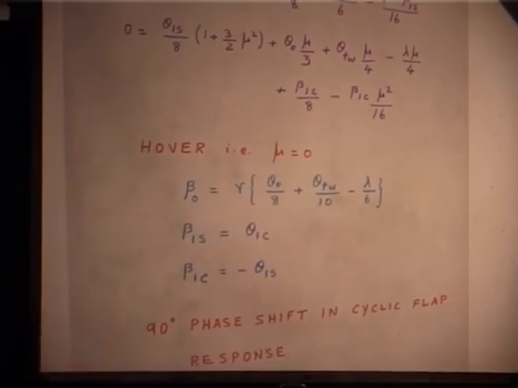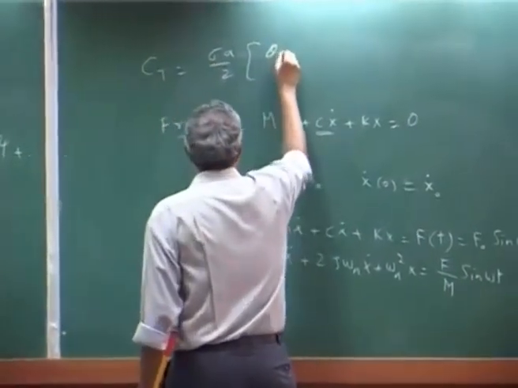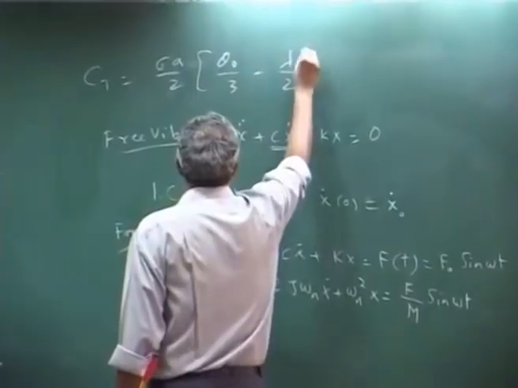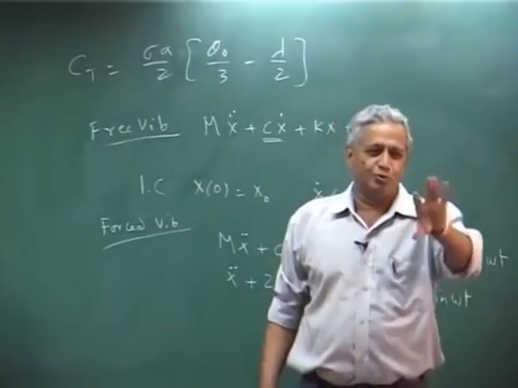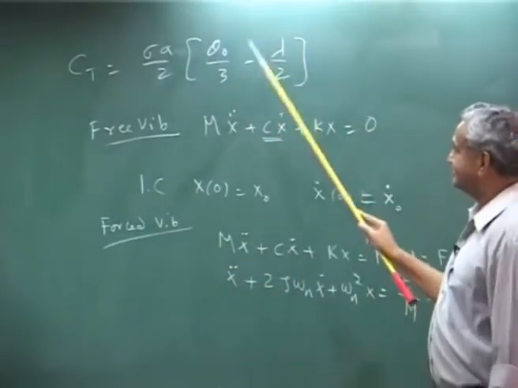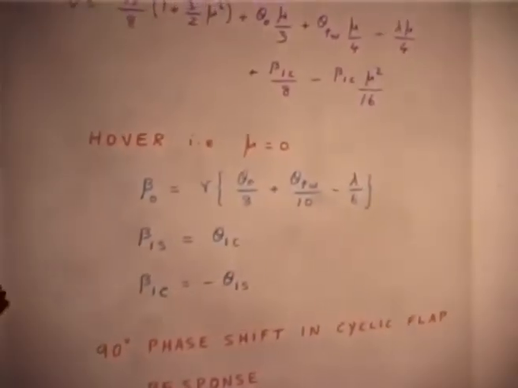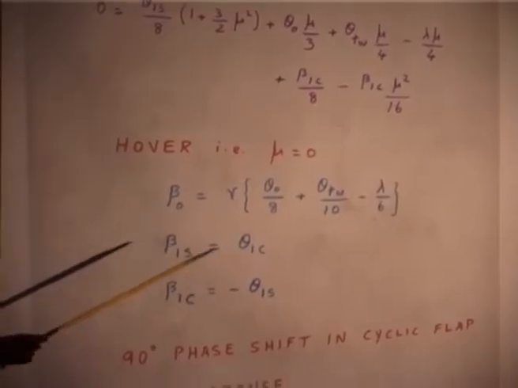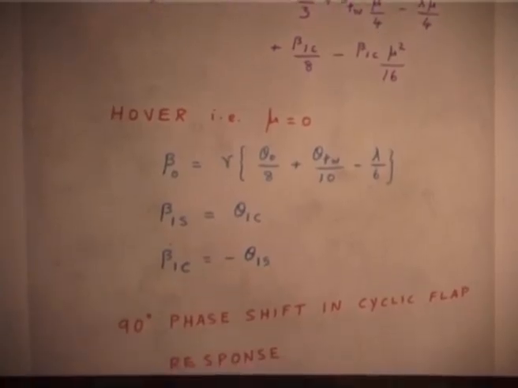Somewhat, it is not exactly, because CT is sigma a over 2 times theta naught by 3 minus lambda by 2 in hover, okay. So, it is some crude way of theta by 3, but here it is theta naught by 8, okay. It is not that same expression, and lambda by 6, okay. But some close thing, it looks similar, theta minus lambda, okay.